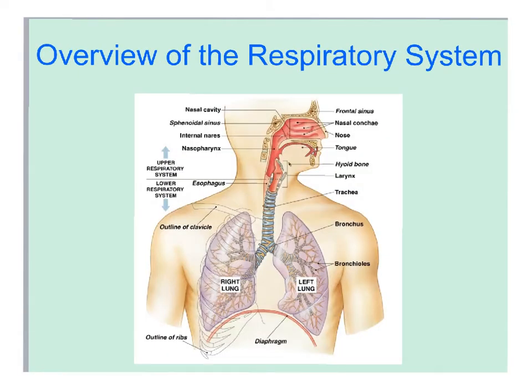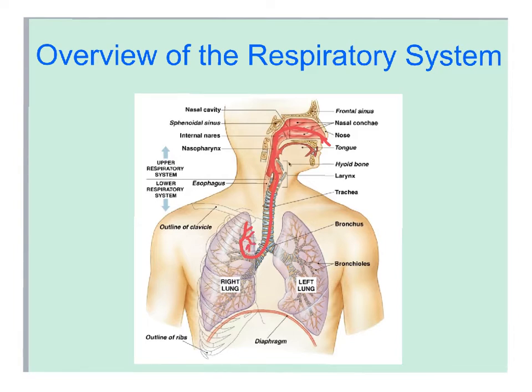So just real quickly, if we go over an overview of the respiratory system, this is the route we're going to be taking. We'll be looking at the nasal cavity first, and how air travels through the nasal cavity, down through the nasopharynx, then through the oropharynx, down into the larynx, down into the trachea, down into the primary bronchi, then secondary, and then tertiary, and then all the way out to the bronchioles, which are these branching structures.